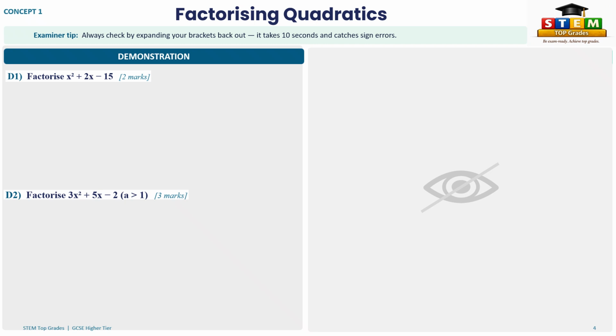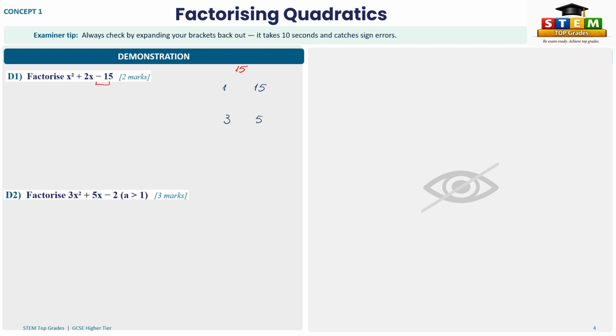So here we go with the first factorization. It says factorize x squared plus 2x minus 15. Now, when we are looking at the quadratic, we look at the last part, which is minus 15. Before we look at the minus, let's split 15 into its factors. So we've got 15 over here, and the factors are as follows: 1 and 15, 3 and 5.